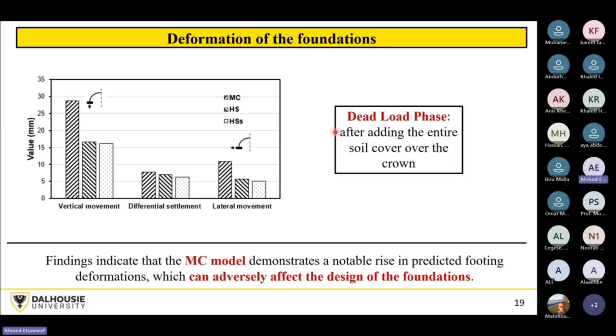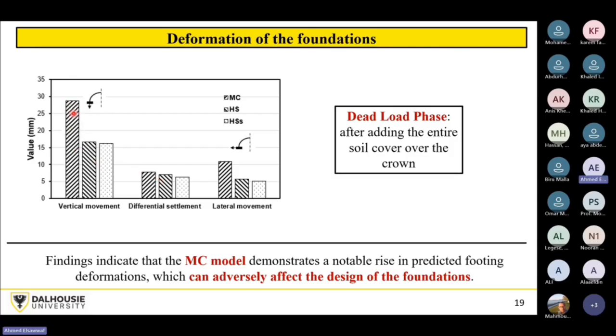Okay, so as many of you may expect, when you look at the deformation of the foundations in the Mohr-Coulomb model, we have here the value of the movement. We have the vertical movement, differential settlement at each footing, and lateral movement of each footing. The Mohr-Coulomb, as you may expect, is overestimating the deformations.